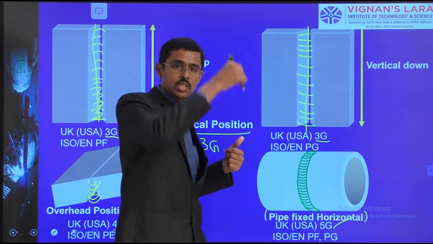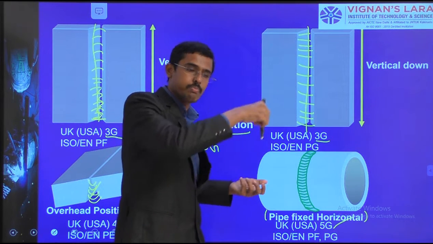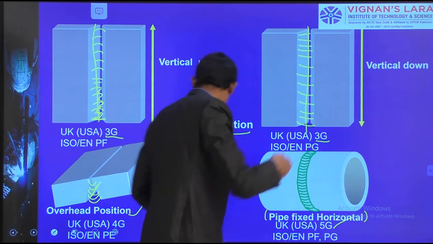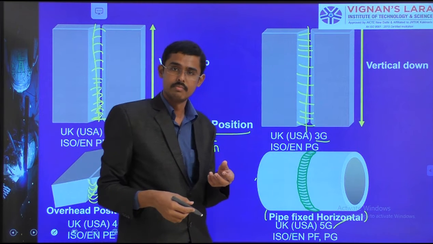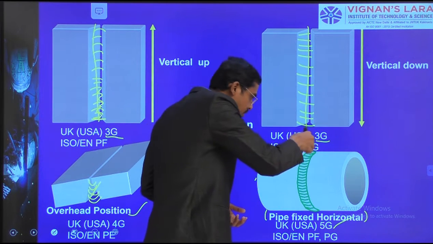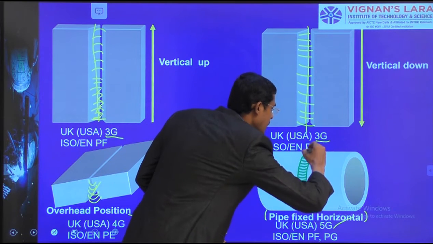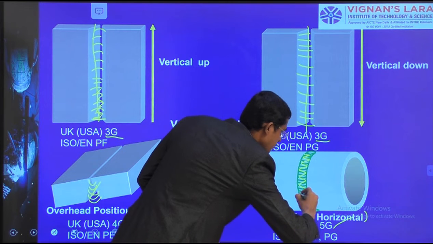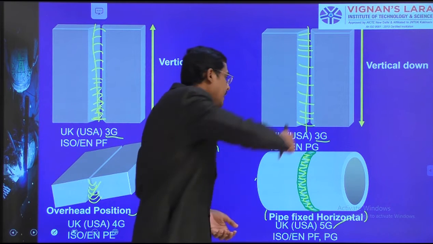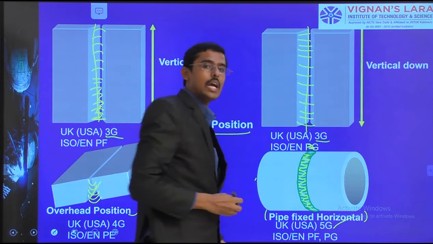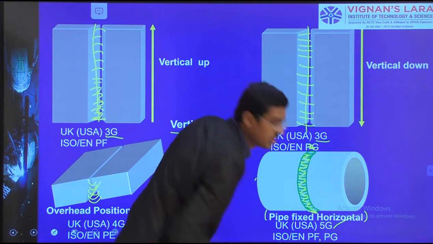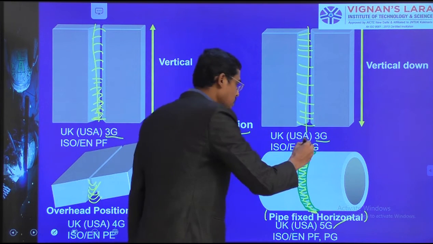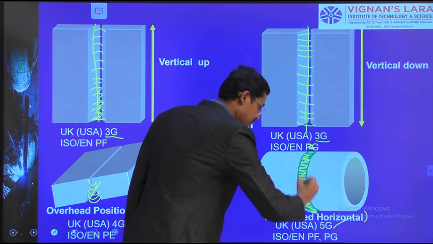In the vertical portions, the flat portions we have kept like this. The pipe is rotated. Okay, but here we have to move. I want to weld here in this location. When I am doing welding in this location, it is 3G vertical.